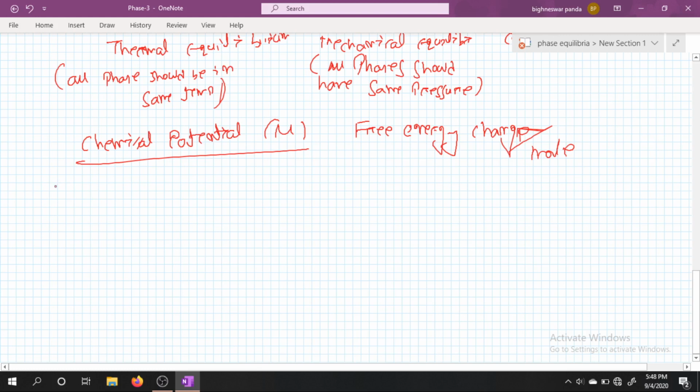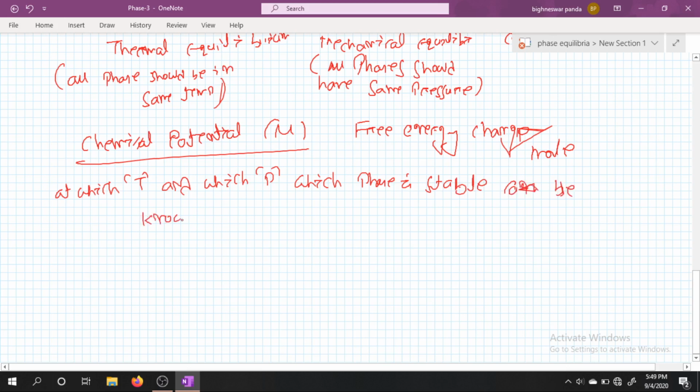Chemical potential is important because, at which temperature and which pressure which phase is stable, can be known by chemical potential.